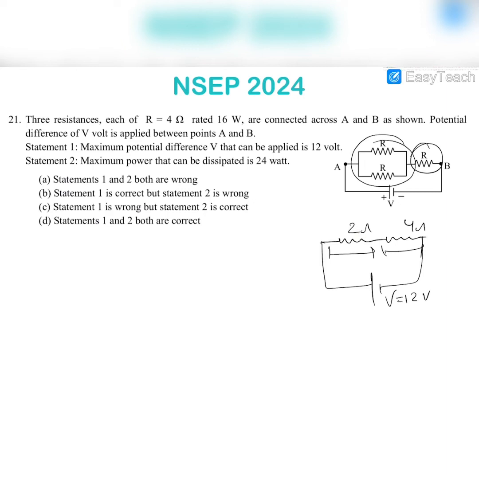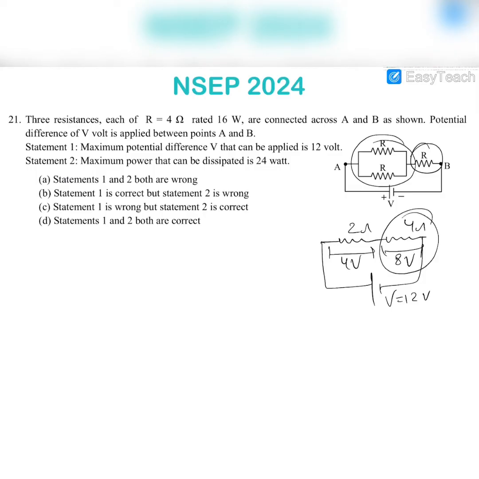Adding that ratio, it would be 3, and dividing 12 by 3, one part would be 12 by 3, which is equal to 4. Now this voltage will be 4 volt and this will be 8 volts.